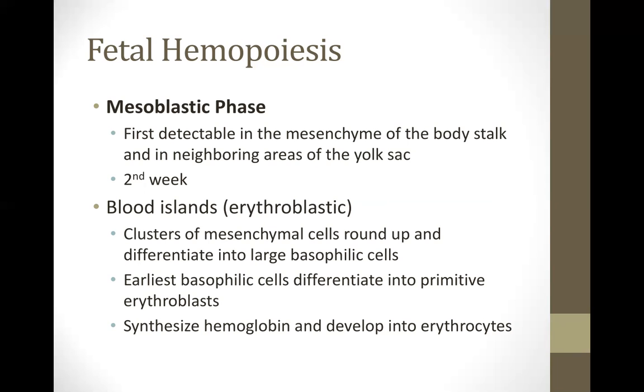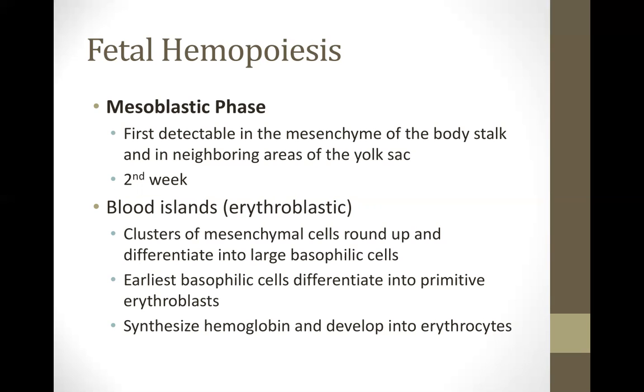These blood islands are defined as clusters of mesenchymal cells that round up and differentiate into large basophilic cells. Later on, we'll be discussing these different stages of cell formation. The earliest basophilic cells will differentiate into primitive erythroblasts, and they synthesize hemoglobin and develop into immature red blood cells called erythrocytes.